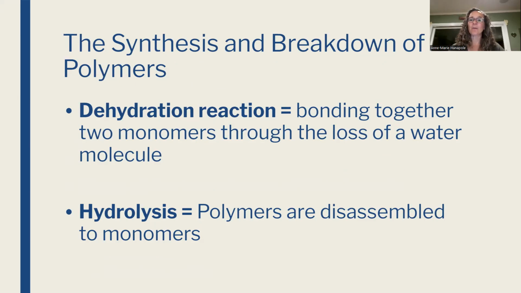And you're creating a water molecule and bonding them together. And then the opposite of that is hydrolysis. So when we take the polymers apart, and break them down into individual monomers, we have to put the water back. And so it's called a hydrolysis reaction.